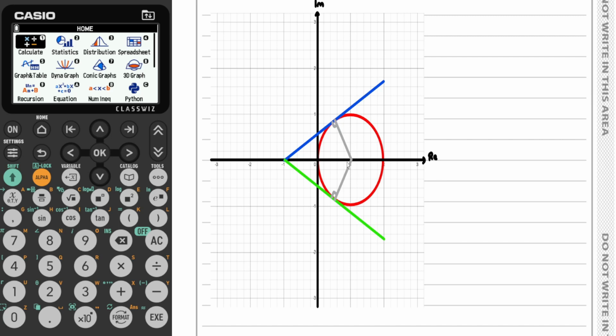These tangents will be perpendicular to the radius as we see here. The angle between the real axis and the tangent, I'm going to let θ be that angle. I'd also have the same for this triangle here. I've got a radius of length 1.